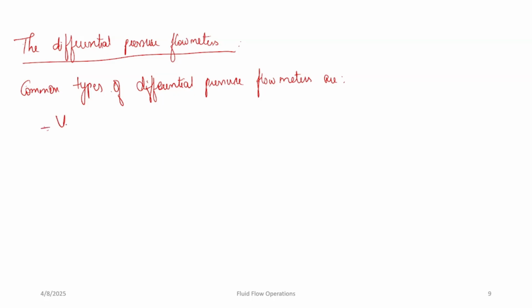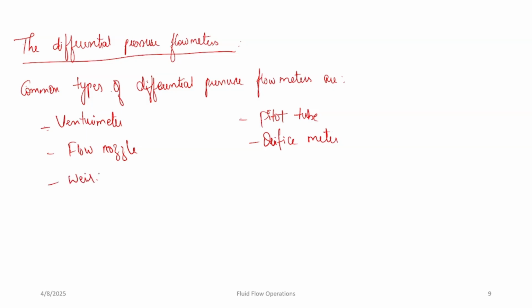So we have venturi meter, then we have flow nozzle, pitot tube, orifice meter, and we have. So as these flow meters work on the principle of Bernoulli's equation, let's try to have a recap of Bernoulli's equation as well.